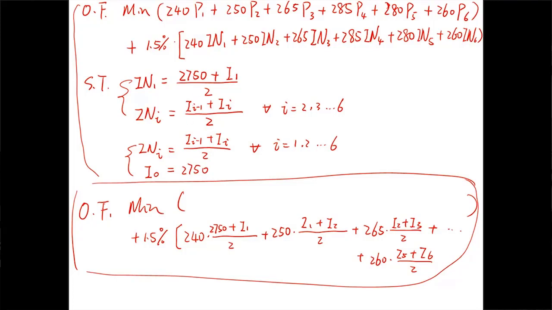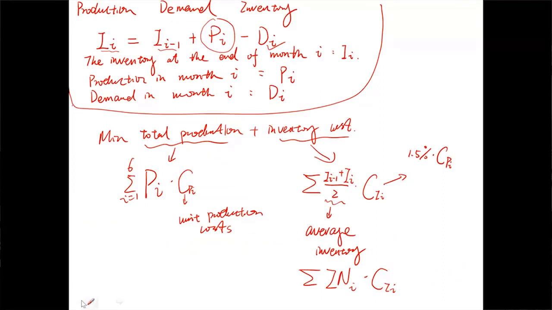Otherwise you just write this entire objective function in this way. Clear? Okay, then besides those constraints, if we use this way, first we need to define the average inventory being a relation of the ending inventory and the beginning inventory of that month. Okay, then continue. Let me just wipe those.